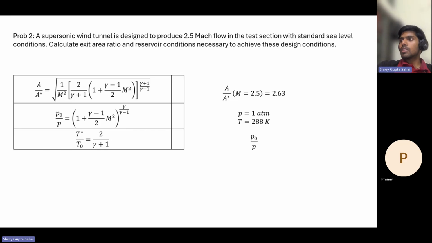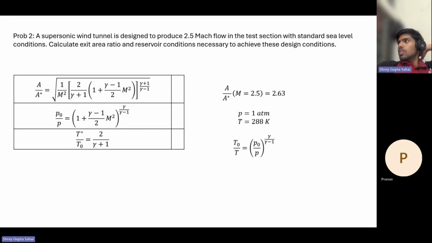P naught by P is given to you, and T naught by T. So just that simple stuff.